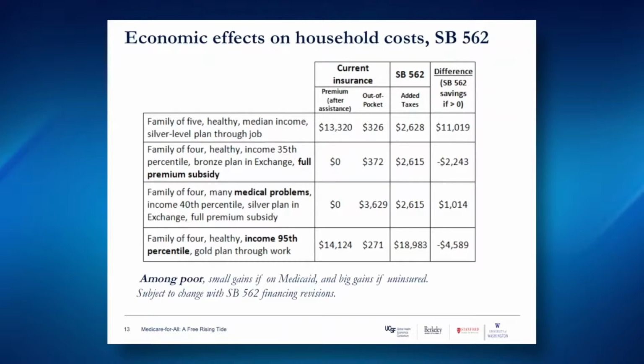For a family of four, the same type of family but with many medical problems, they do very well, saving about $1,000. And for a wealthy family at the 95th percentile, those individuals will pay more under single payer because even though they save a lot on their premium, they're paying $19,000 in additional taxes. That's, again, fairly progressive financing.